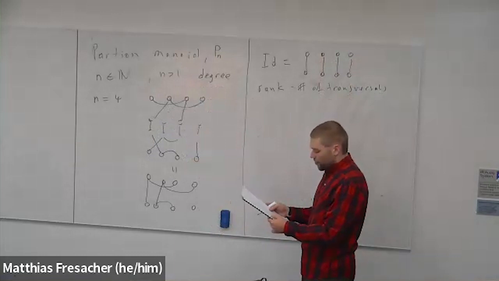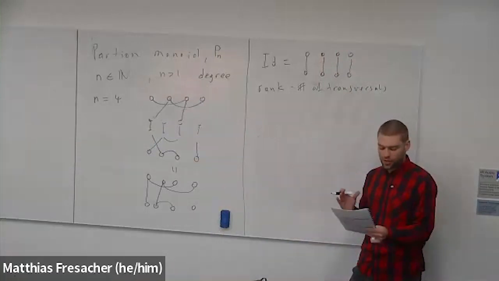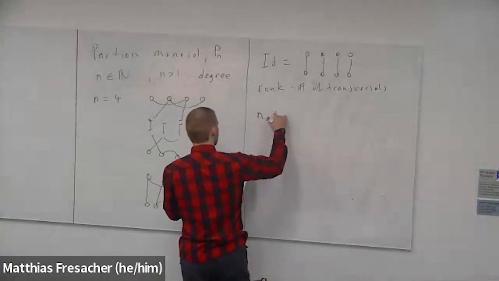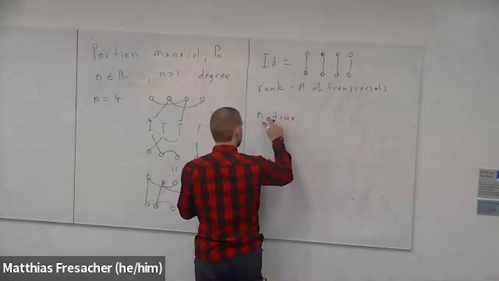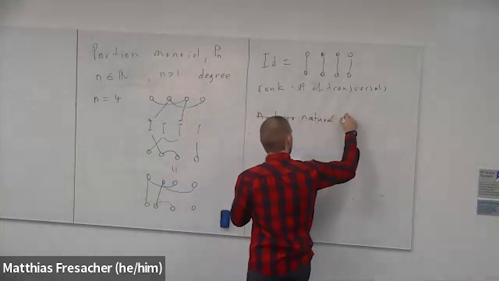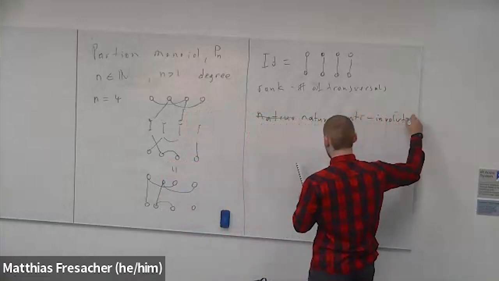Now we do have one operation, a unary operation that we can also put on these diagrams. In particular, a natural, oops, let me spell correctly today, natural anti-involution.